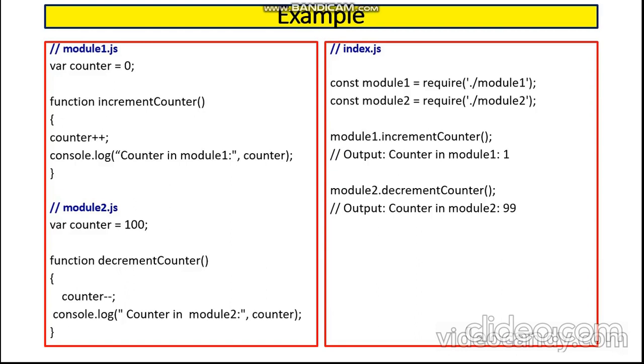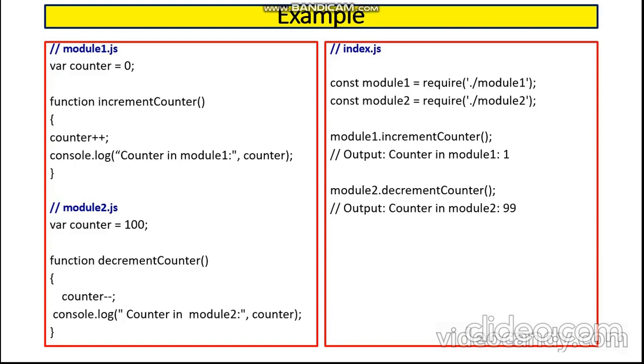Now we're talking about the panel 2 window. Here I am creating one index file. Inside this file I am creating two variables, module1 and module2. Inside these variables I am using the require method, and by using this require method we import the module1.js file.